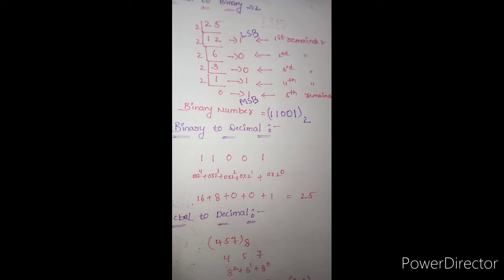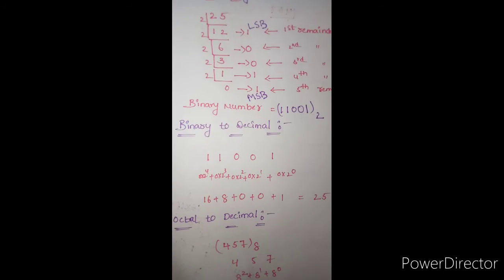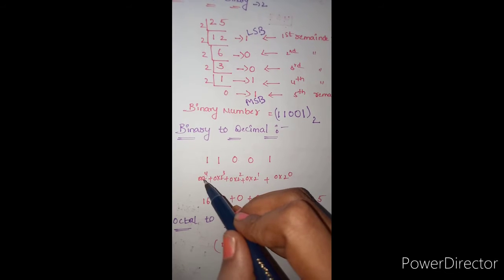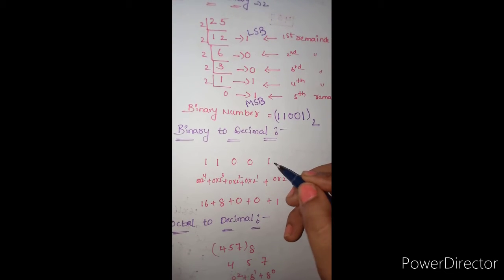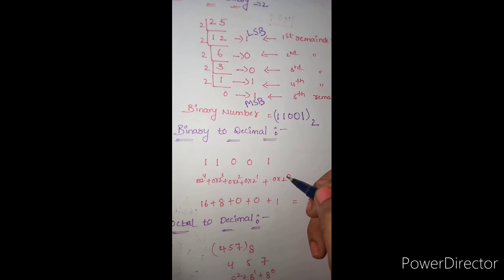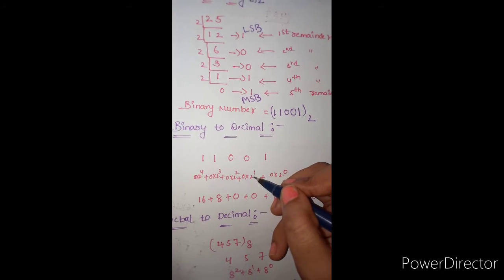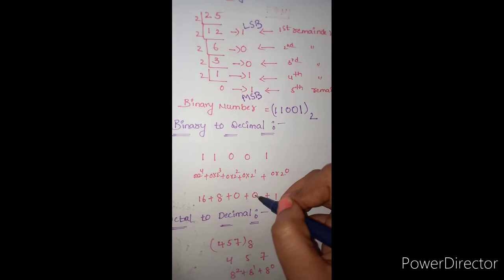Starting from right to left, I can write 2 power 0, 2 power 1, 2 power 2, 2 power 3, and 2 power 4. Here 2 power 0 means 1, 1 into 1 is 1. 2 power 1 is 2, 2 into 0 is 0.